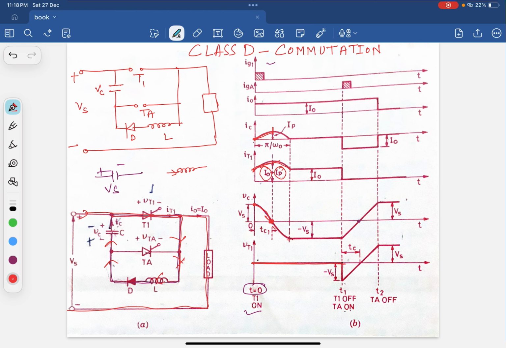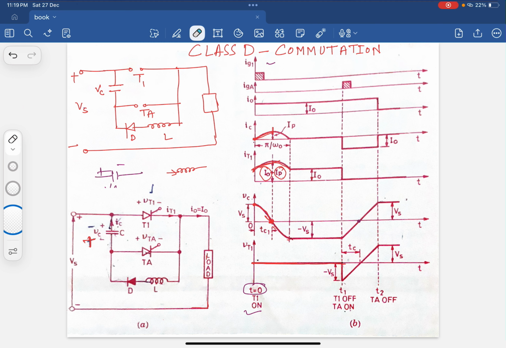After a particular point of time, this polarity reverses. After the capacitor gets fully discharged to 0, it changes its polarity to plus minus. So this capacitor changes its polarity.